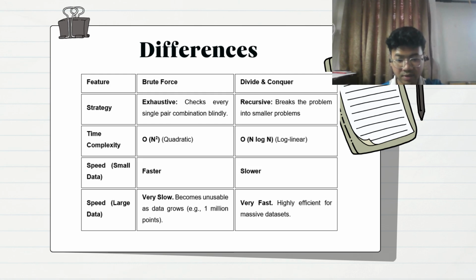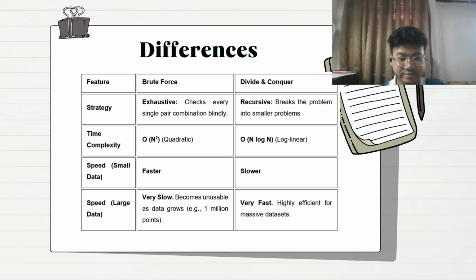For the time complexity, brute force has a time complexity of big O n squared, while divide and conquer runs in big O n log n. As for speed, for a small dataset brute force may be faster, but for a large dataset, divide and conquer is much more efficient in practice.